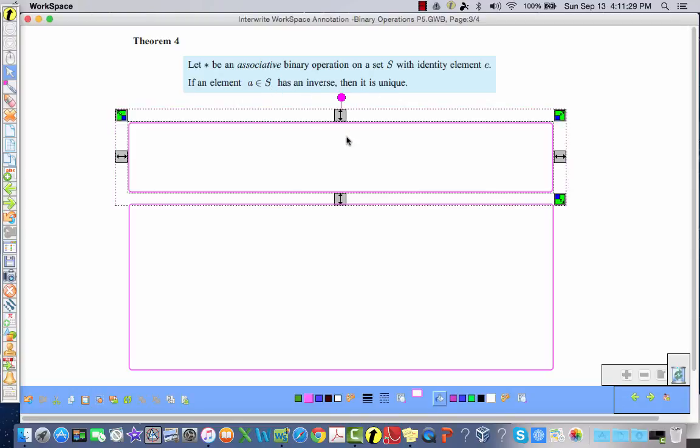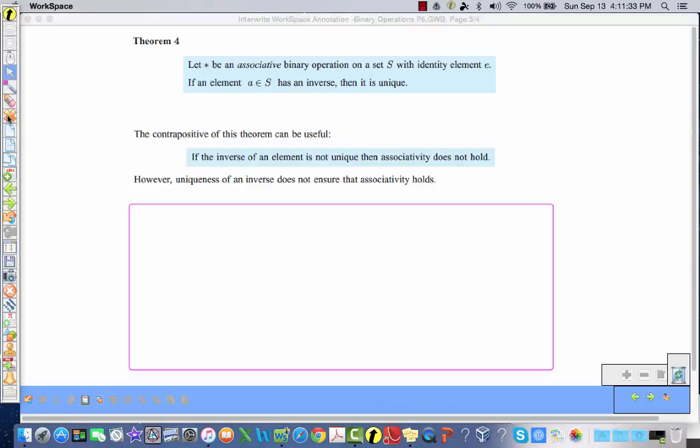It's the only one. And that applies if the operation is associative. And maybe it's better to think about the contrapositive. If the inverse of an element is not unique, then you don't have associativity. So that's another way to disprove associativity.